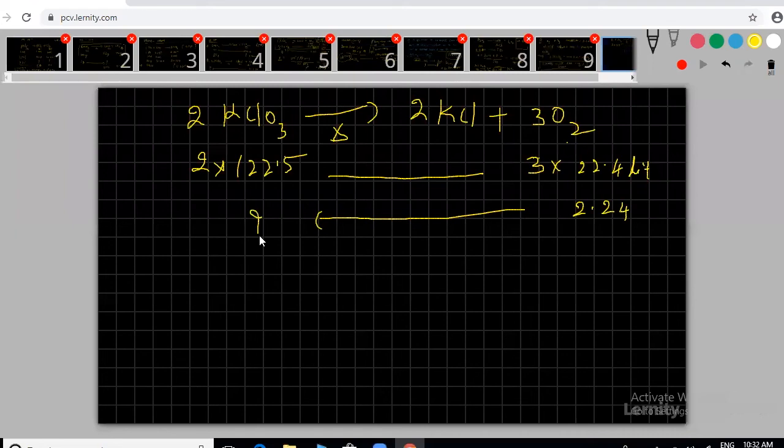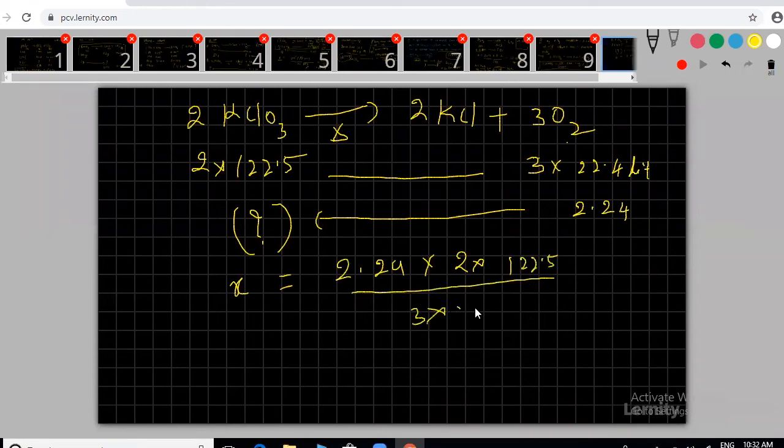Again, same stoichiometric calculations only. What is the X value? Just crisscross: 2.24 into 2 into 122.5 by 3 into 22.4. Clear?